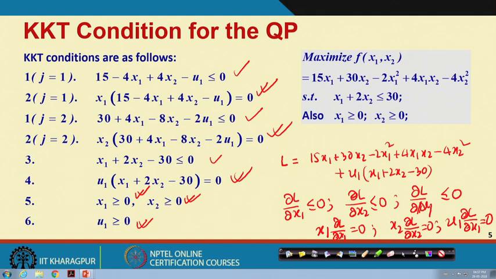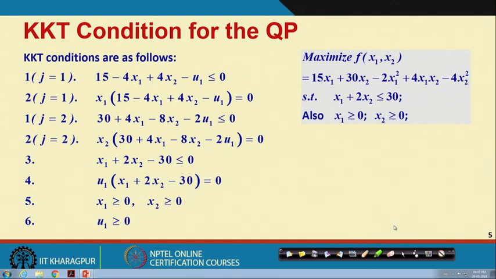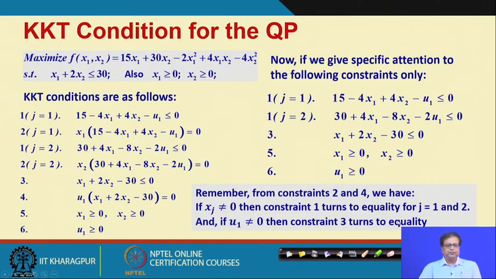Now, once we get the KKT conditions, a very interesting thing happens. Out of these conditions, let us forget about the equality constraints for the time being, and only look at the less than or equal to constraints.